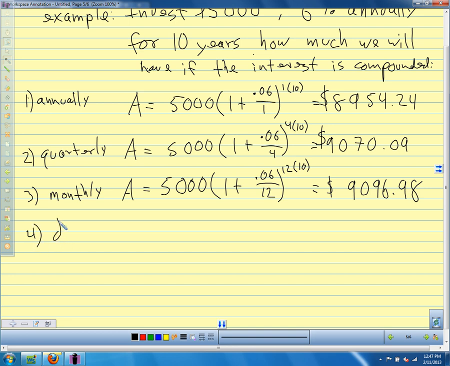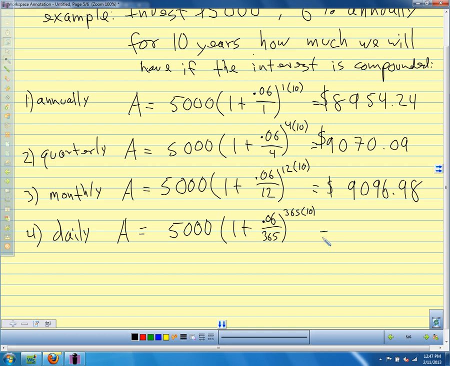And for the last one, daily, our amount is 5,000 times 1 plus 0.06, still our rate. Daily, how many compounding periods do I have? 365. And I'm raising that to the 365 times 10th power.